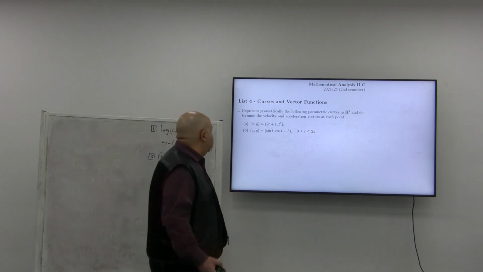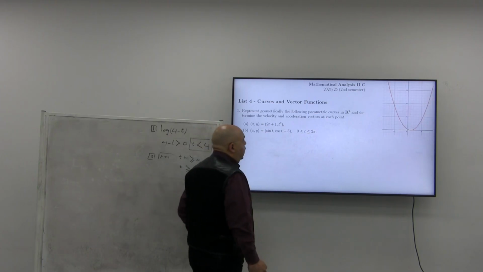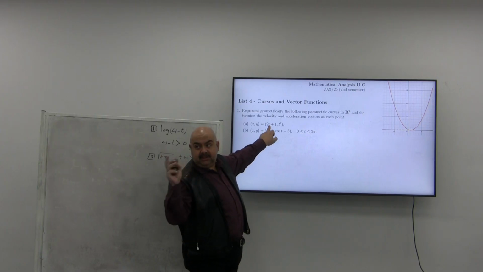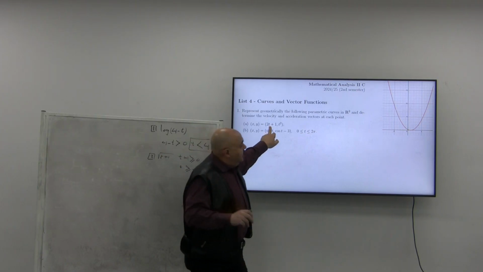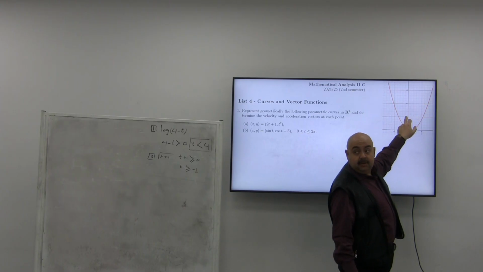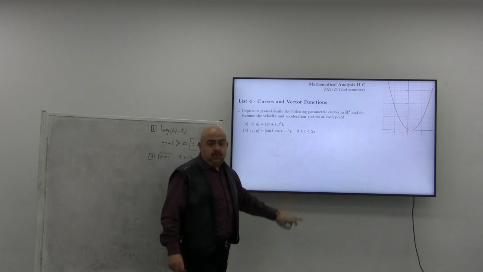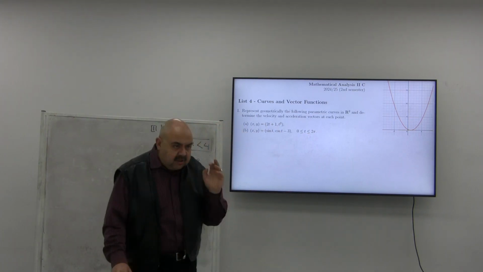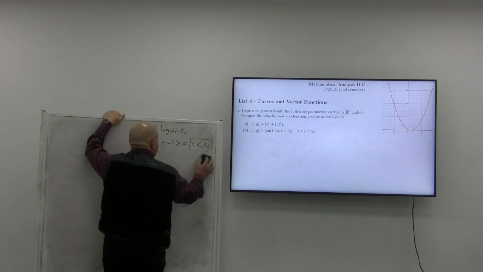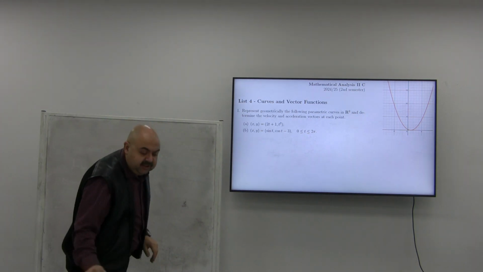The first function is 2t plus 1 and t squared. Once you try to graph this function, it will be projected as I told you, and it will represent a second degree parabola in this shape. So if this is the case of 2t plus 1 and t squared, this is r, the main function. If I want to get its derivative, it's going to be really very easy to get the velocity or the acceleration of this function.